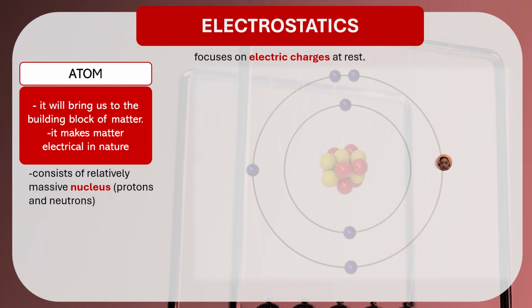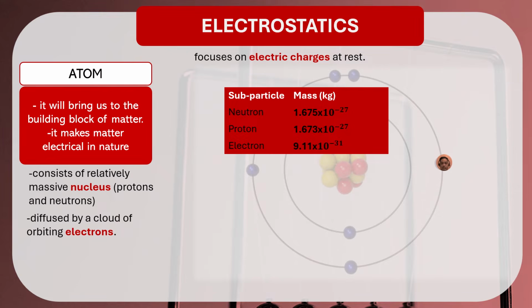So, again, when we talk about charges, it has something to do with the two subparticles of the atom that contain the charge. The atom consists of a relatively massive nucleus, the protons and neutrons, surrounded by a cloud of moving or mobile electrons, or orbiting electrons around the nucleus.